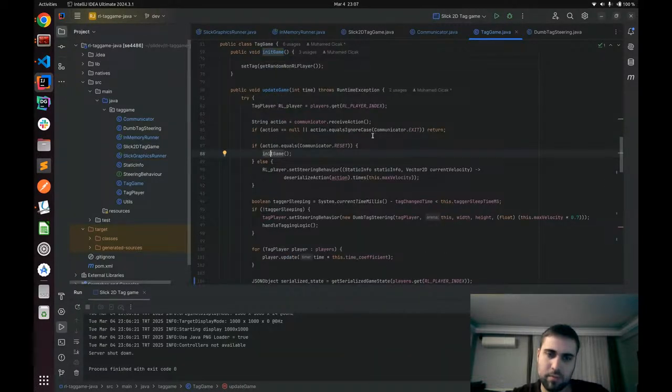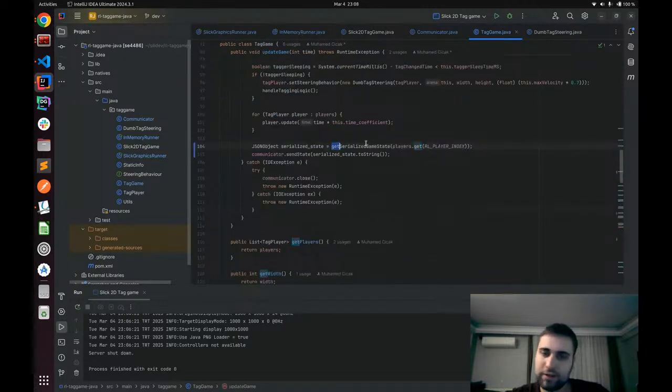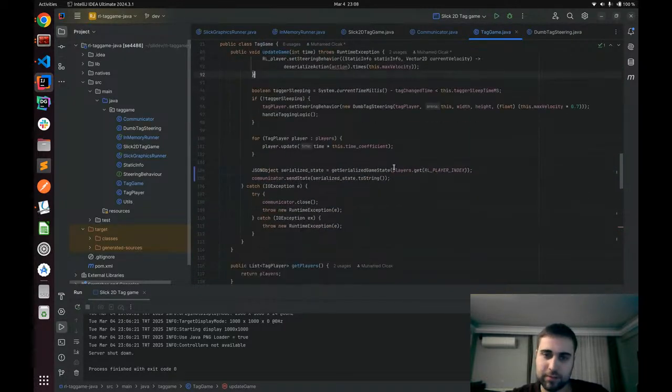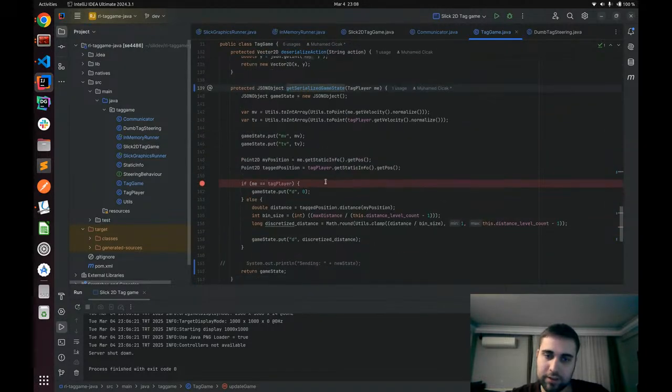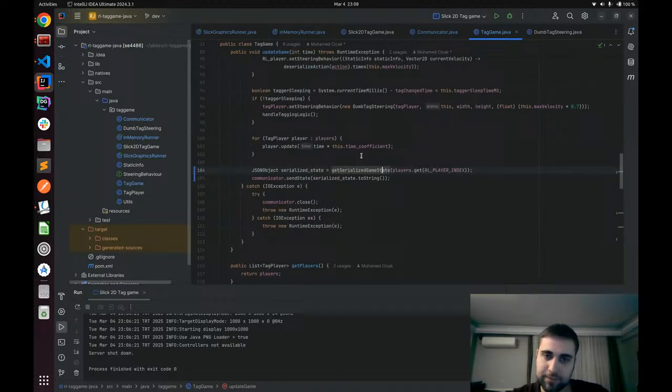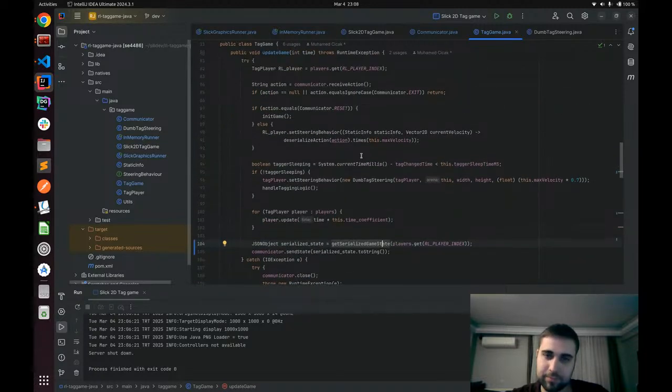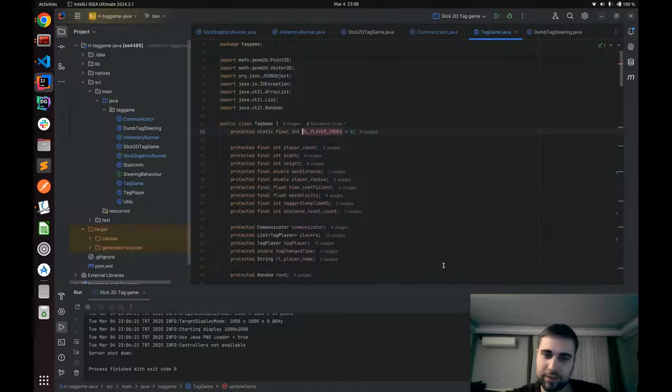Okay. I actually understood this last time I looked, but now I forgot what the problem is. So it's basically the RL player. If the RL player is the same as the tag player, that means there's a problem with the tag player because this is predetermined.